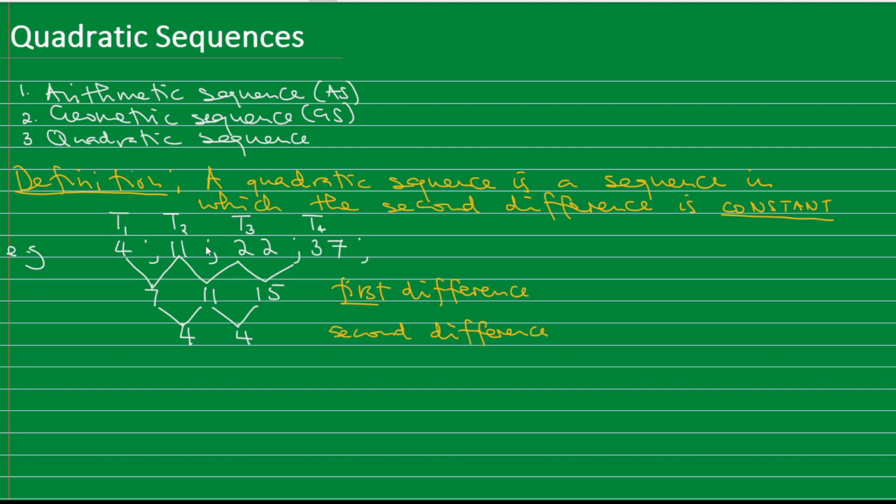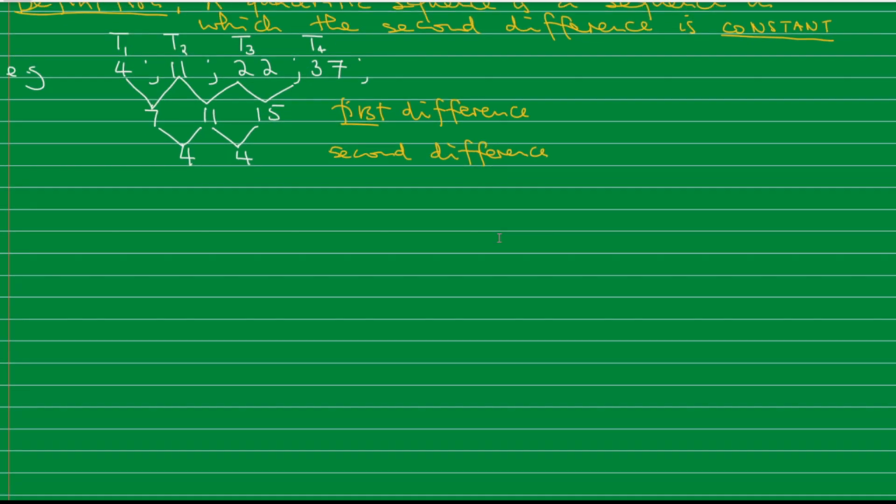Such a sequence is what we call a quadratic sequence. Let's take another example: 5, 16, 33, 56.